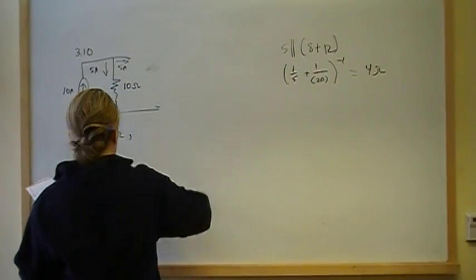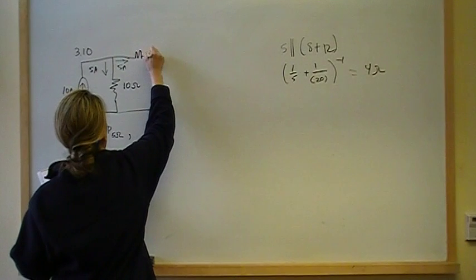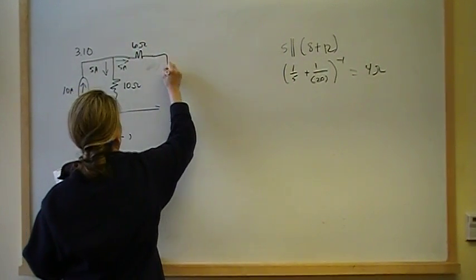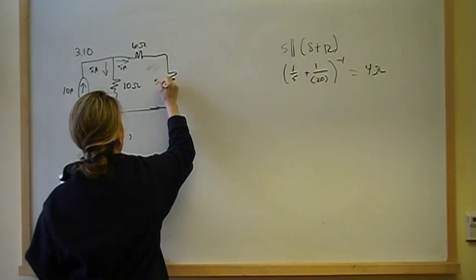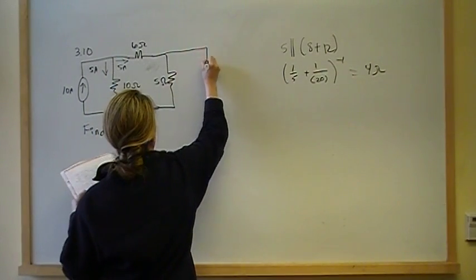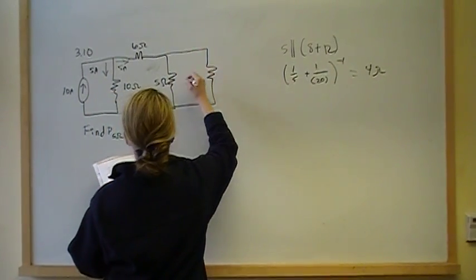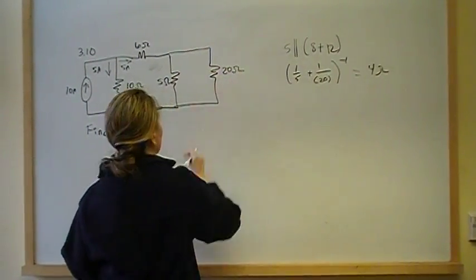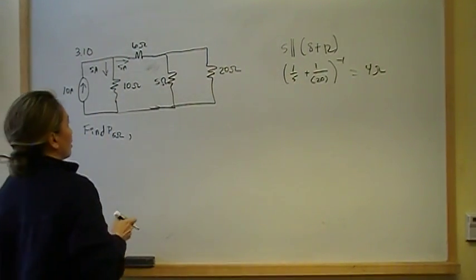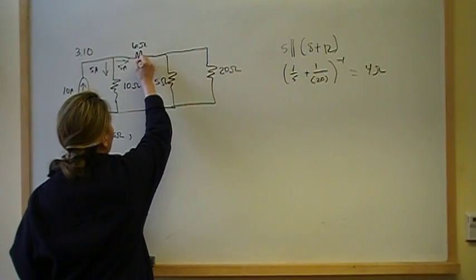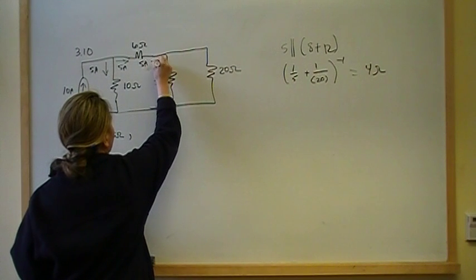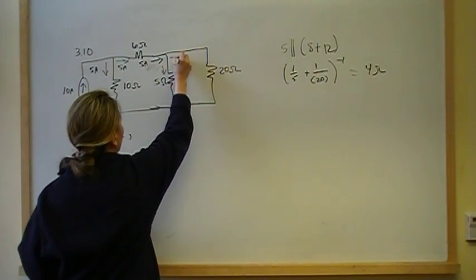So my circuit looks like this now. The 8 and the 12 here are in series, so I'm going to combine them into 20. So what happens when my 5 amps gets over here? It's going to split. Some will go here and some will go here.